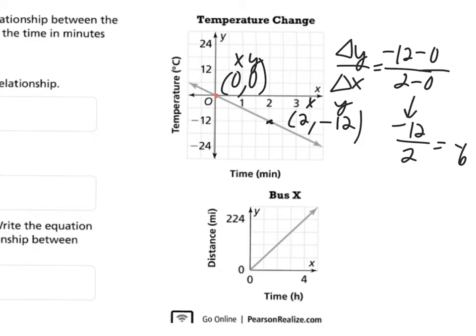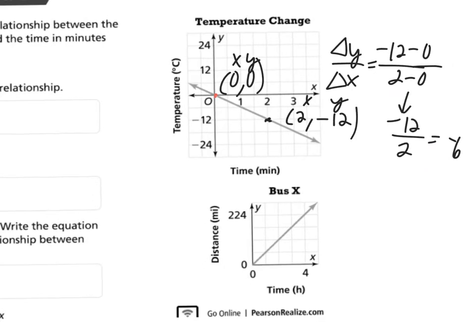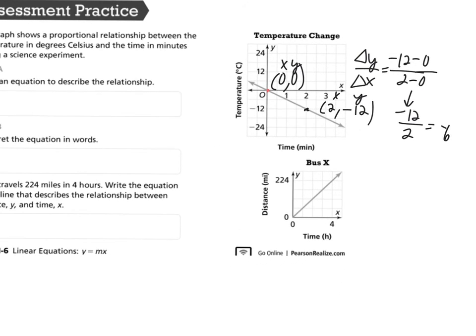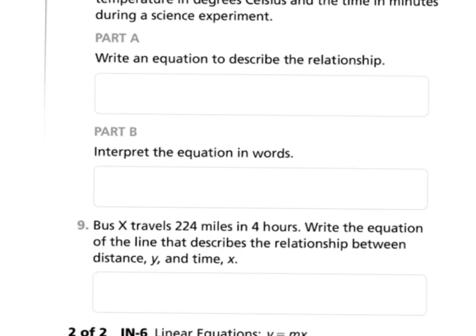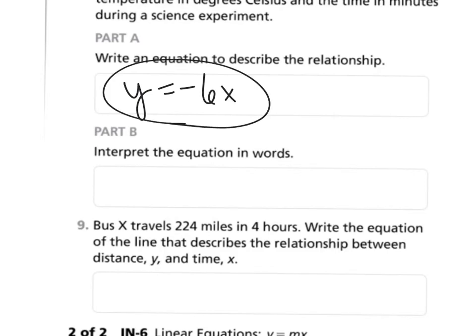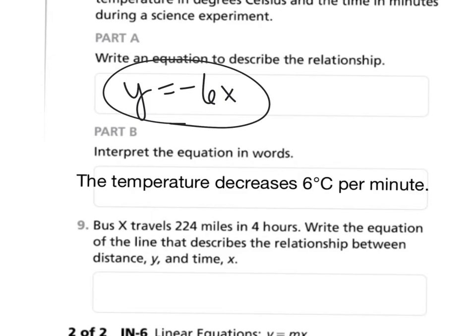So my slope is -6. It's proportional, so it's going to look like y equals kx or y equals mx. So that means my equation is going to be y equals -6x. Interpret the equation. So we could say that the temperature decreases 6 degrees Celsius per minute.